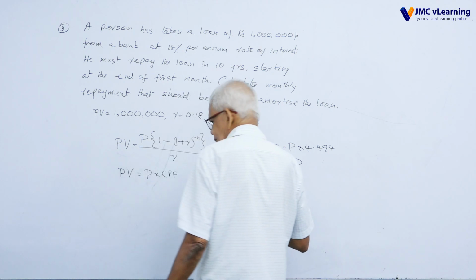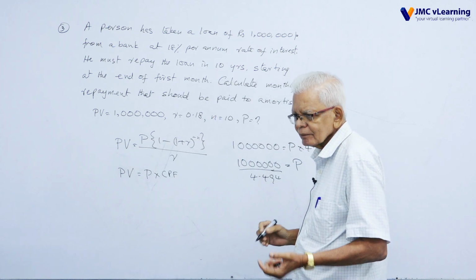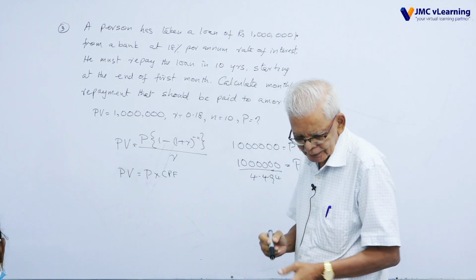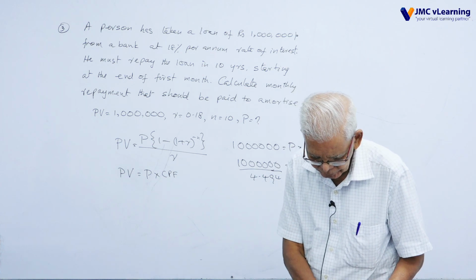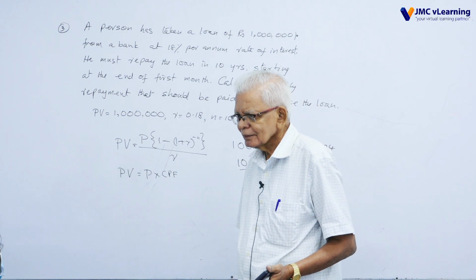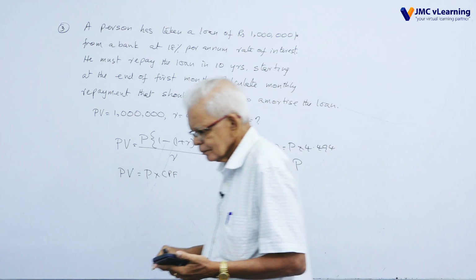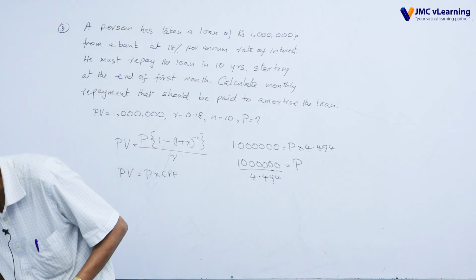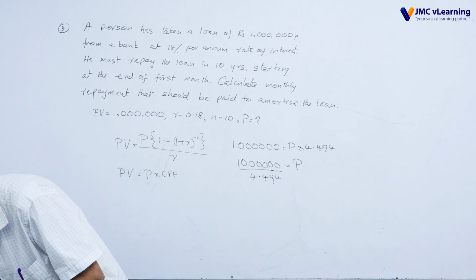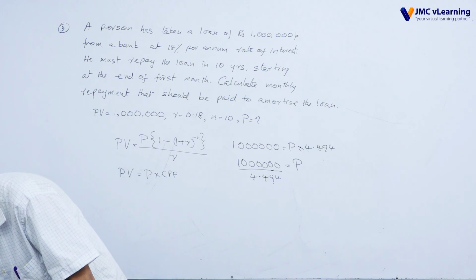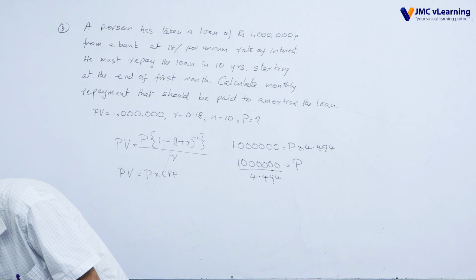Calculate this one. What is the answer? 222. Is that the same answer? No, then there is a big difference. That is monthly now? No, per year. Per year, how much is that? 222.